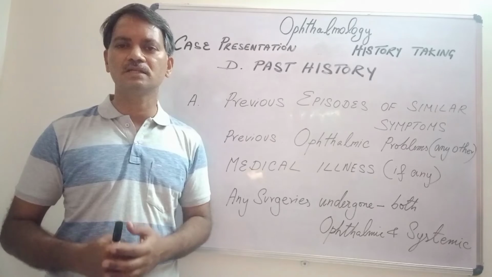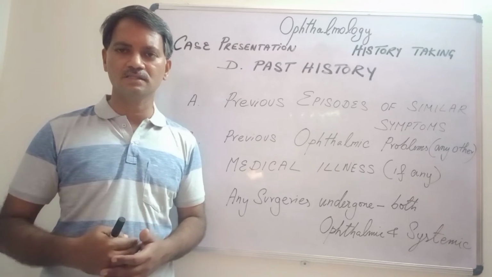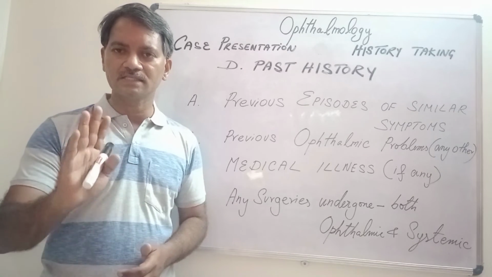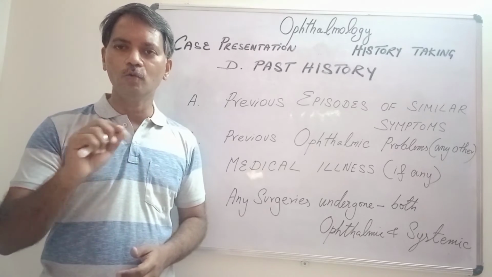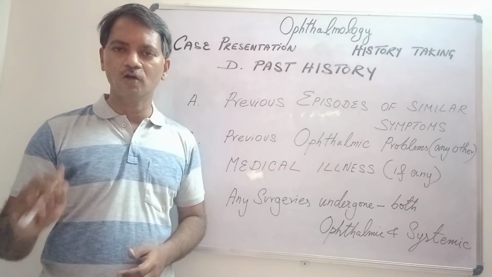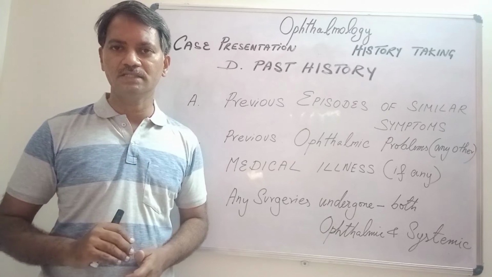So many conditions are common in our country. You should ask the patient about these conditions, whether he is having them or not. If he is having, then you should get the details, how long he is having the problem, what treatment he is getting. All those things we have to record in the case sheet. That is very, very essential.